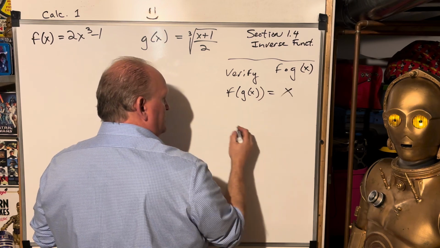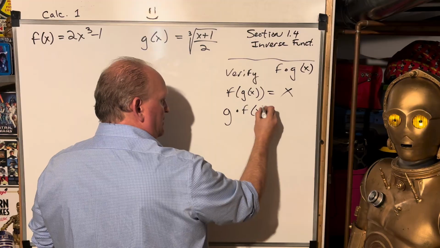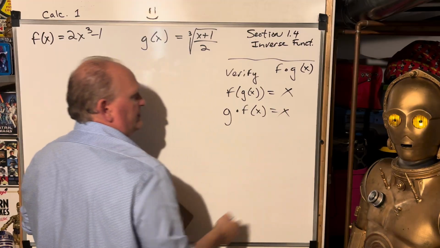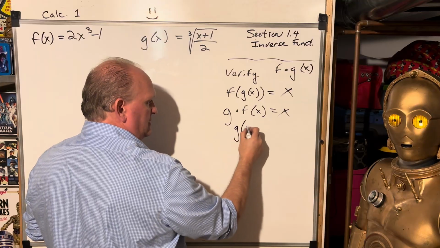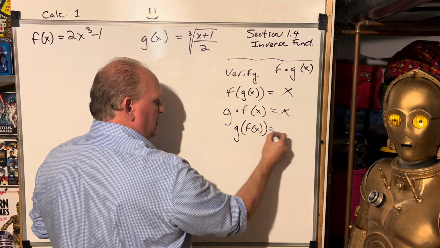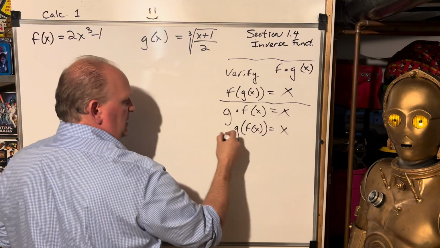That should be x, and then g of f of x should be x. And so again, you could write it like that, or you could write it like this. Those are the same thing.